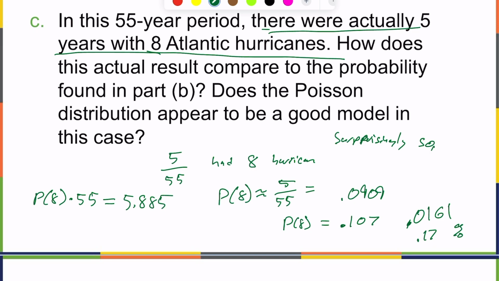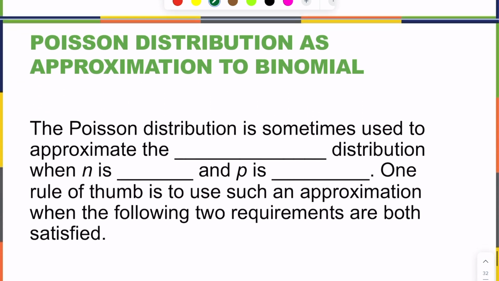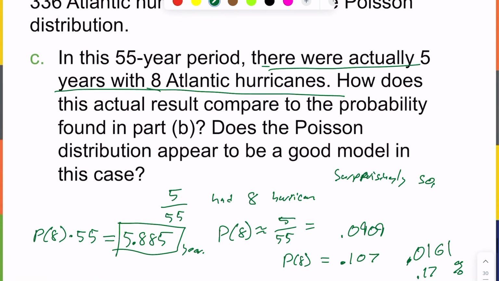So our model would predict that in a 55-year period, there were 5.885 years in which 8 hurricanes occurred. And that's pretty close to 5. So there's some stochastic modeling there.